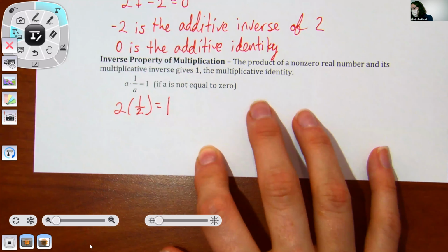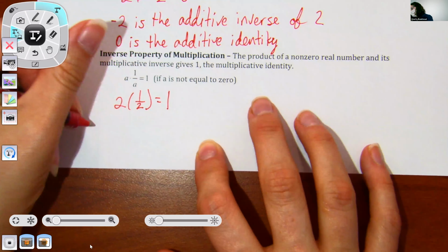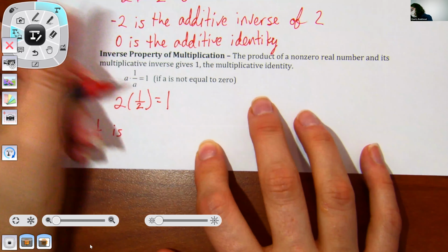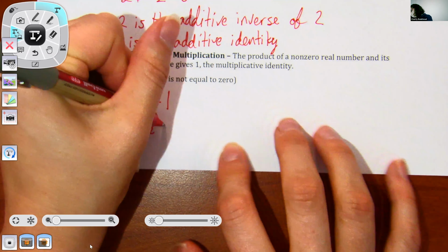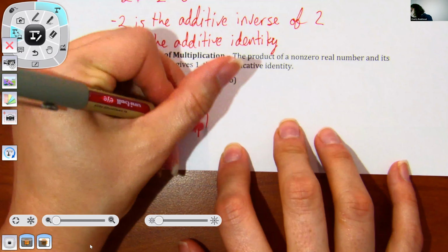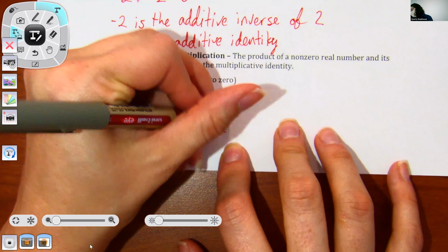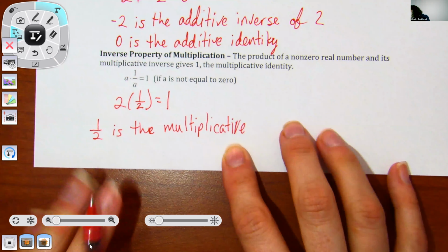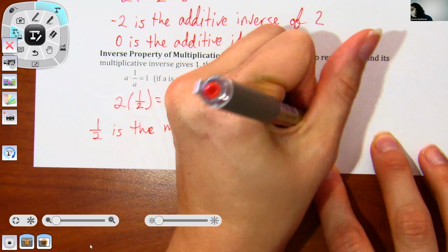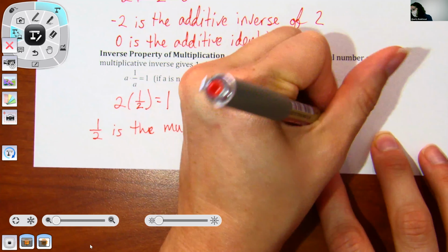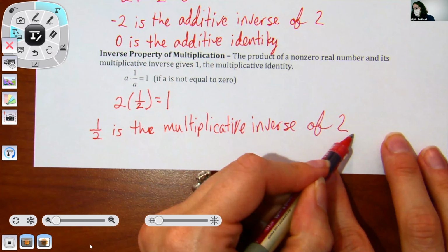So we could say that 1/2 is the multiplicative inverse of 2, or vice versa. And then 1 is the multiplicative identity.